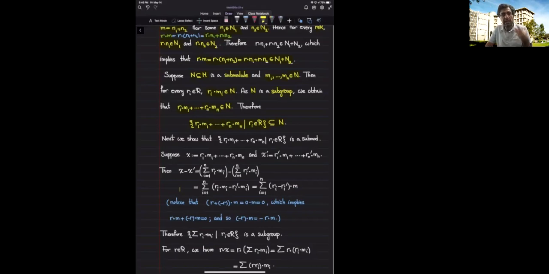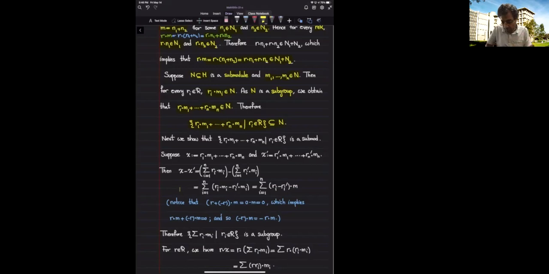Okay, so in order to show this is the smallest submodule that contains m sub i's, I need to show two other things. First, why is this set a submodule? Second, why does it contain m sub i's? If I show these two, coupled with this inclusion, I'm done with the proof.